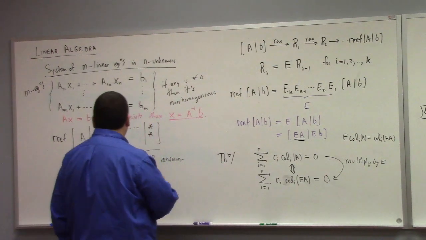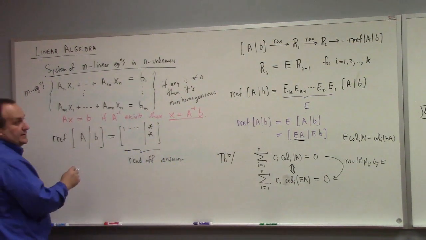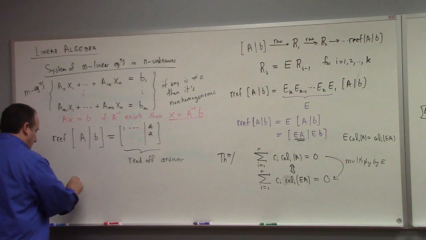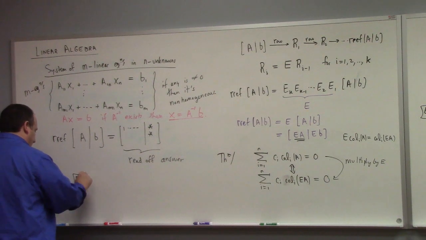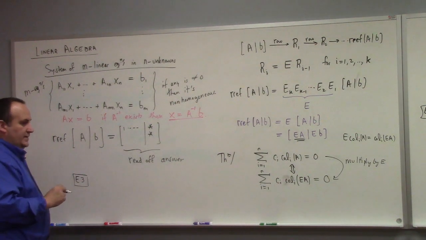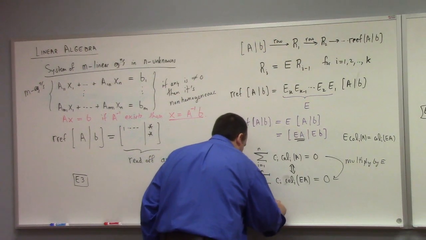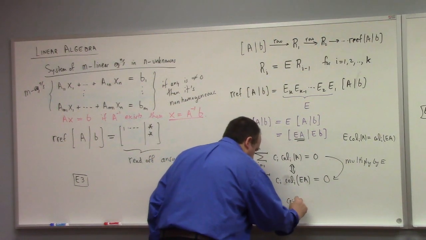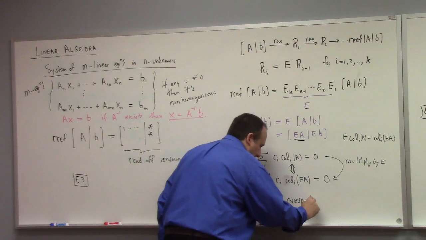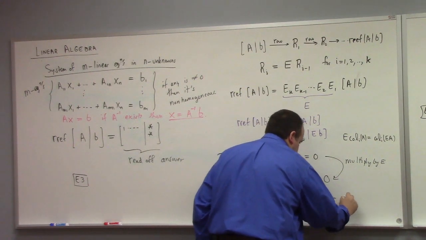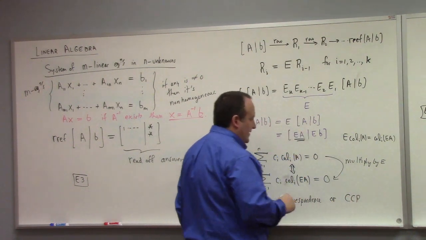This is really, really nice. Yes, it's called the linear correspondence. Or as I call it, the CCP, the column correspondence property.